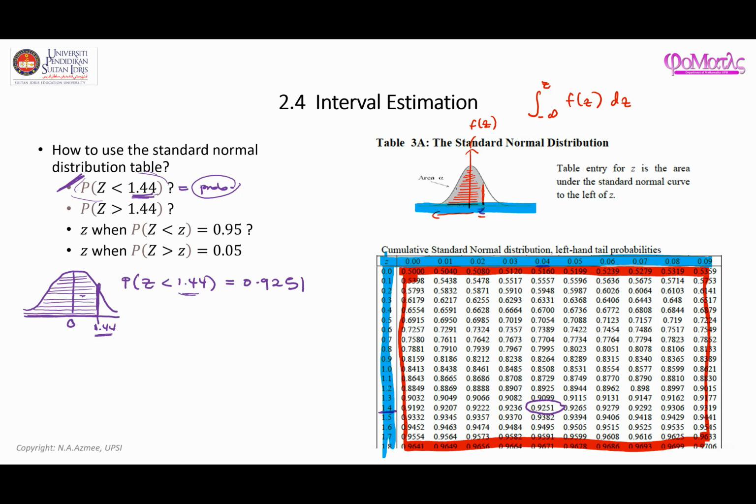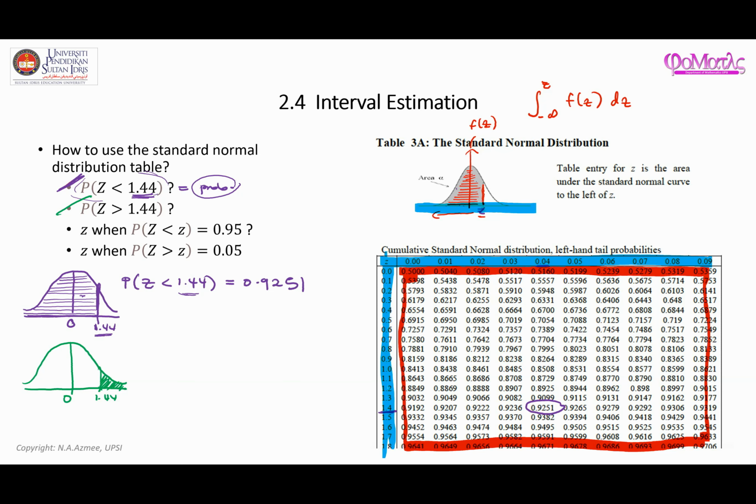Now, how about this one? Probability Z greater than 1.44. If I sketch the question, 1.44 is somewhere here, and the area is to the right because Z is greater than 1.44. For this question, the answer cannot be directly obtained without modification.